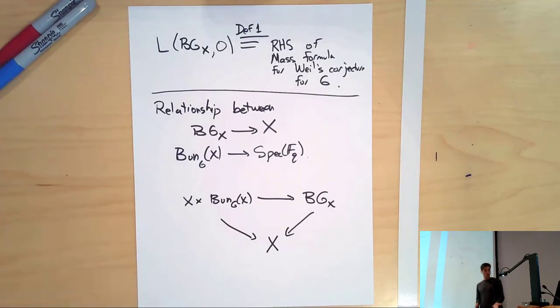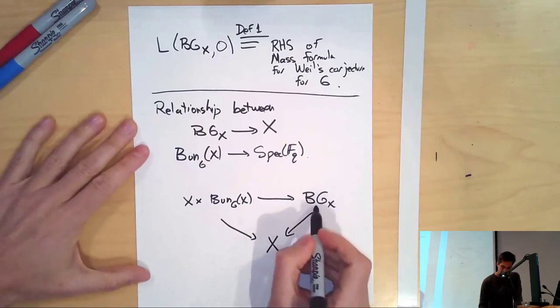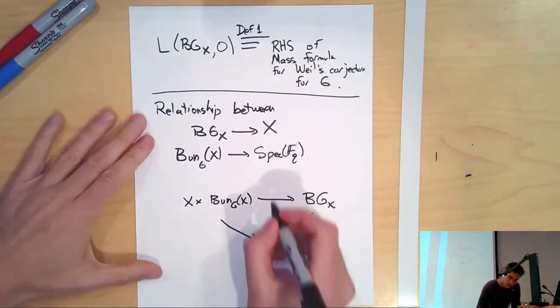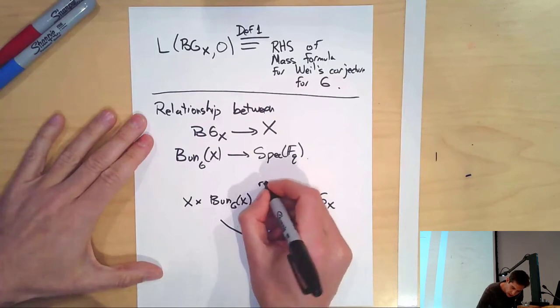To give an R-valued point of that product, I have to specify an R-valued point of the curve together with a G-bundle on X cross Spec R. On the other hand, to give an R-valued point of BG_x, I have to give an R-valued point of my curve together with a G-bundle, but not on the entire curve, just at that point. So this is given by just restricting G-bundles to a point.